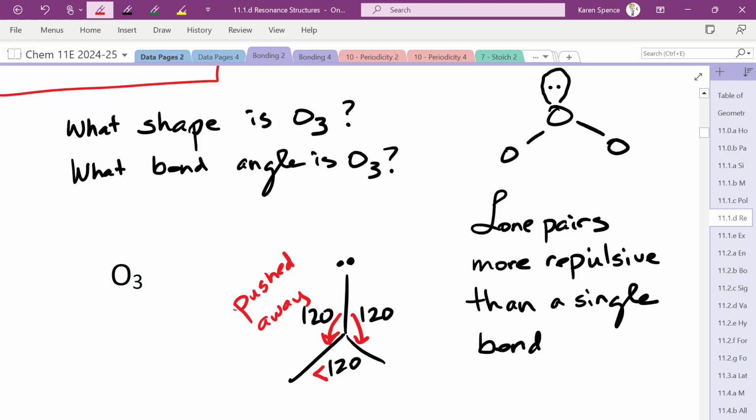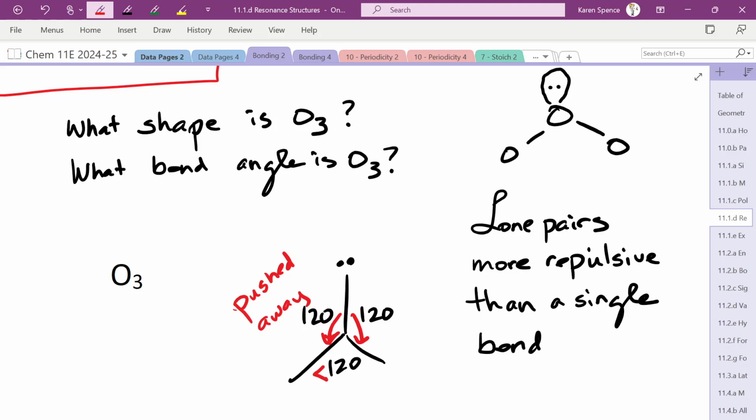So you guys can tell me how good a job I do of this. Is this 120 degrees right now, how I'm holding my arms? No? How about that? Down? Yeah. A little bit up. Okay. Is that 120? Yeah. Okay, so this is what happens if each of my hands and my head are atoms. Now imagine my head has become a lone pair.